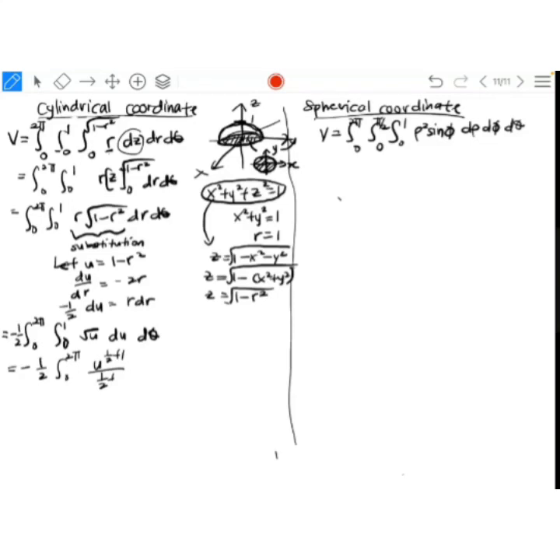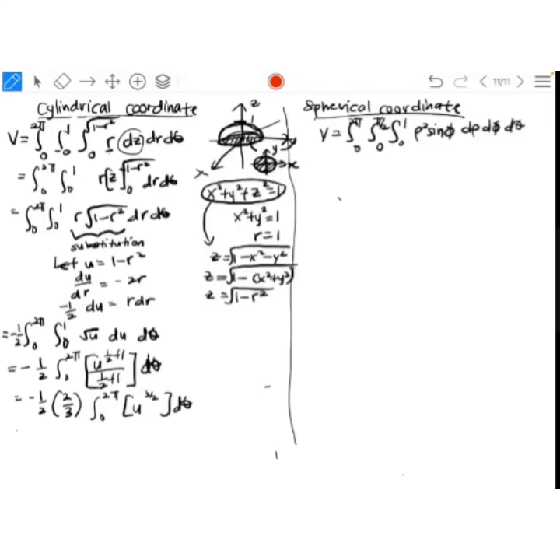Plus 1, divided by the new power, so the power goes down to become your denominator. 1/2 plus 1 becomes 3/2. 3/2 brought up becomes 2/3. So u to the power 3/2.